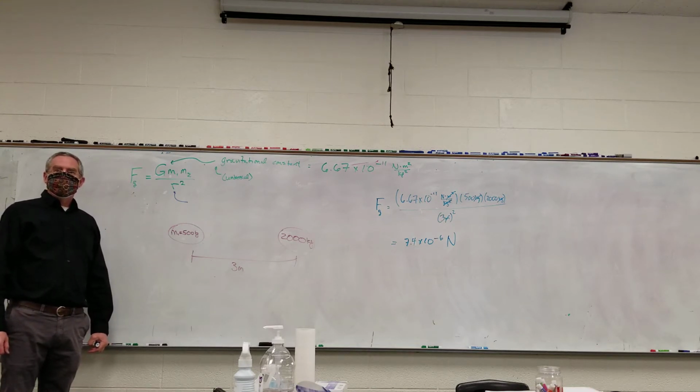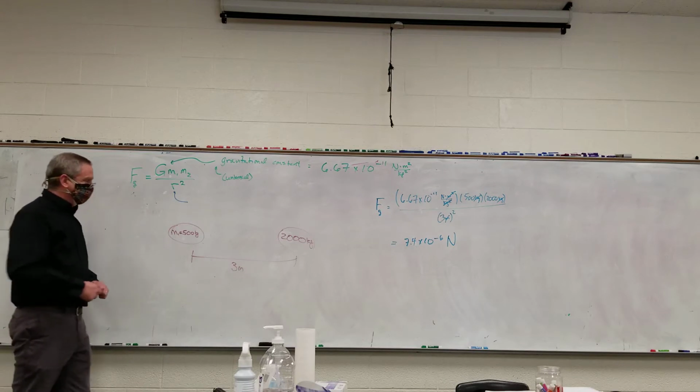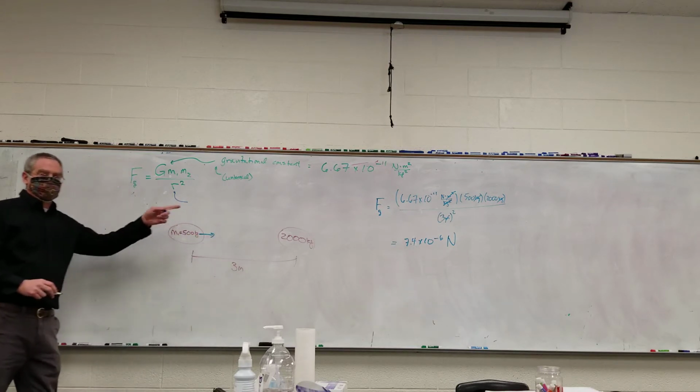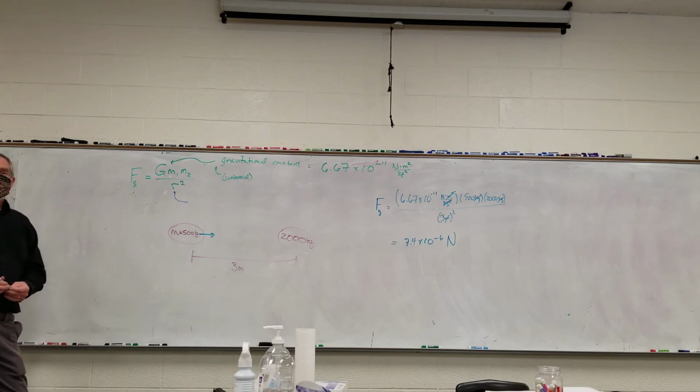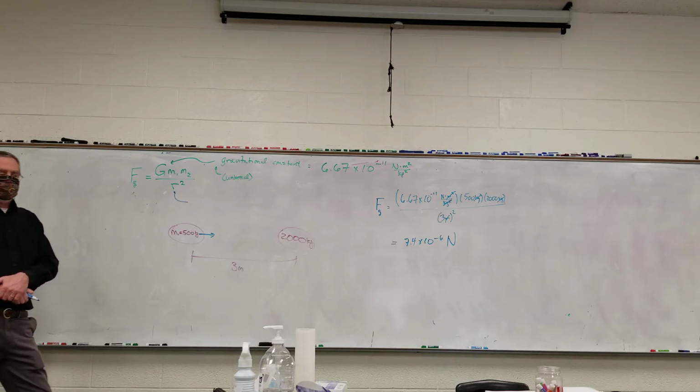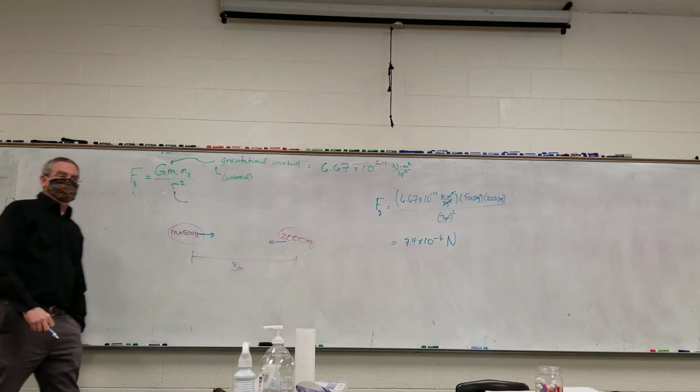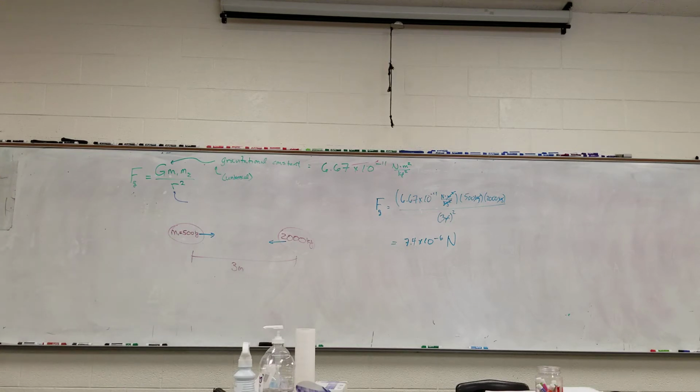Should be pulling them together. I would hope so. So it's being forced to the right. What about the force on the 2,000 kilogram mass? I hope so. Otherwise, Newton's third law is complete bunk.